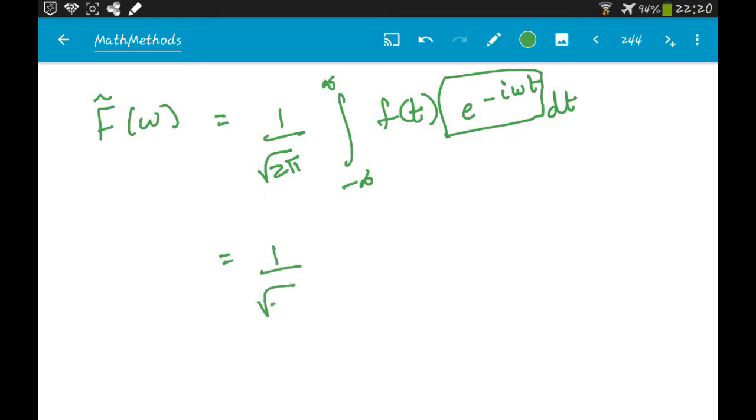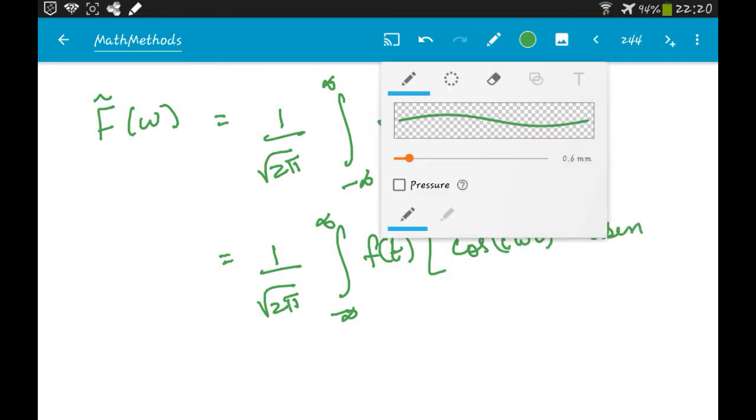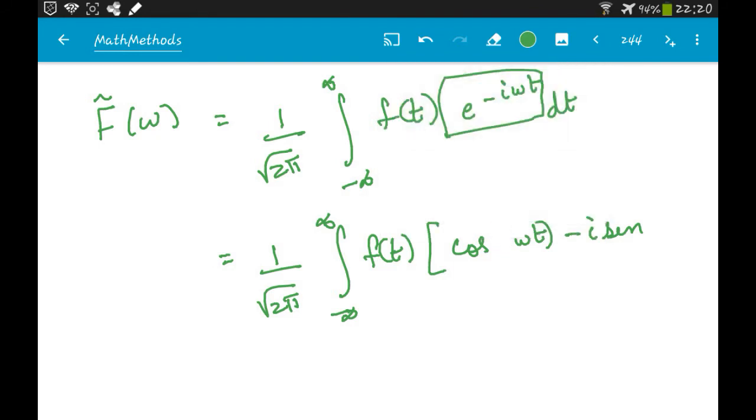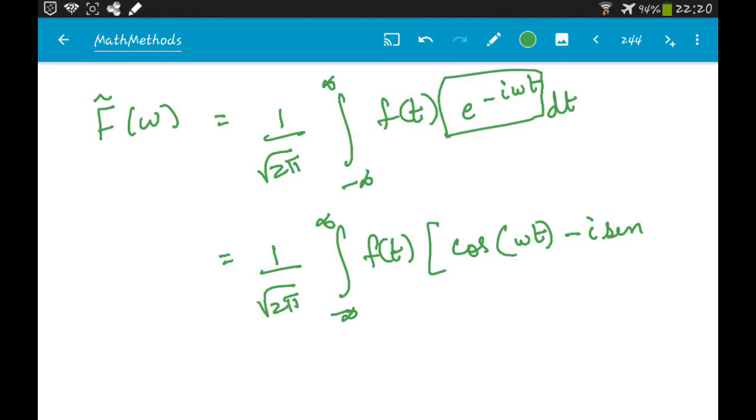So we have 1 by root over 2 pi, integral from minus infinity to infinity, of cos omega t minus i sin omega t. Okay, so this is how you can write it, and then you multiply it with dt.